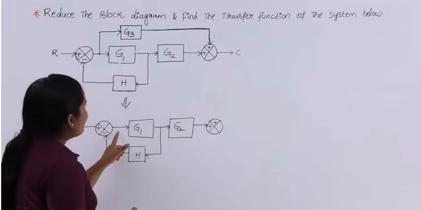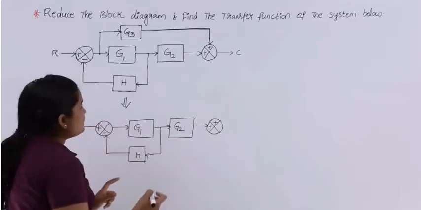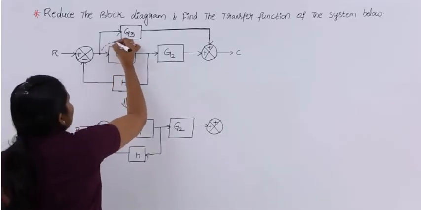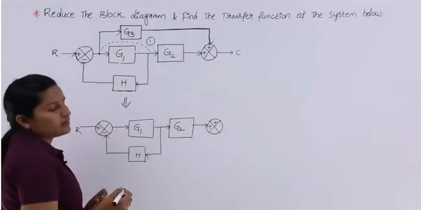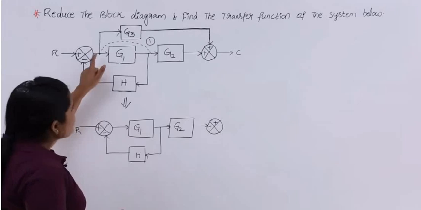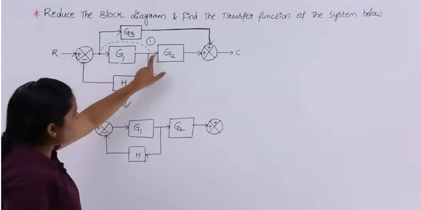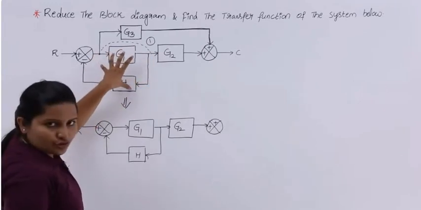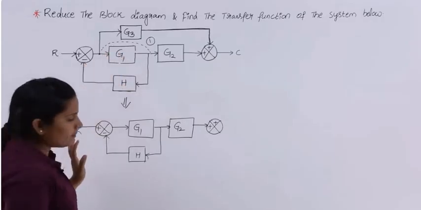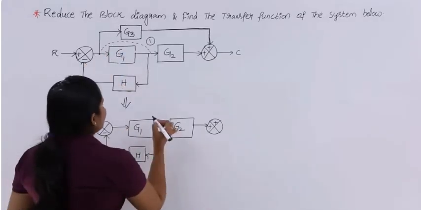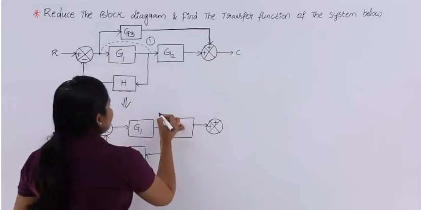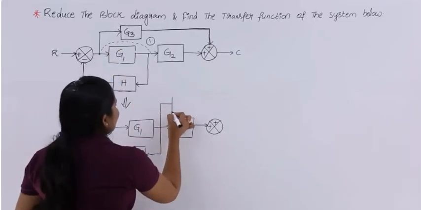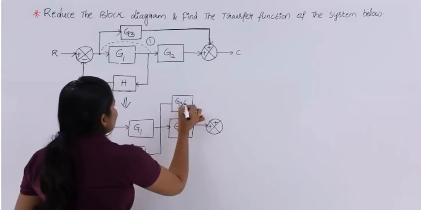So you can see what I need to do is, I am moving this branch point to here. This is the first step I am doing. I am just moving this branch point to here to simplify this feedback path. So the gain will be modified as G3 by G1.